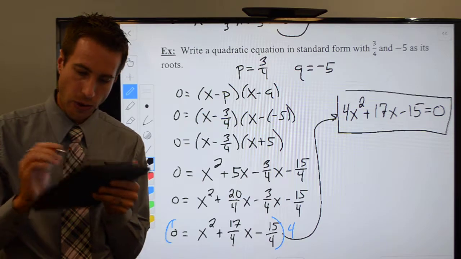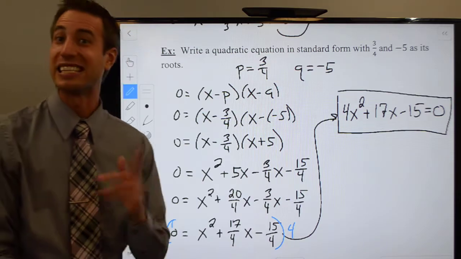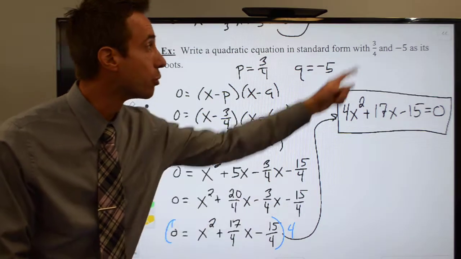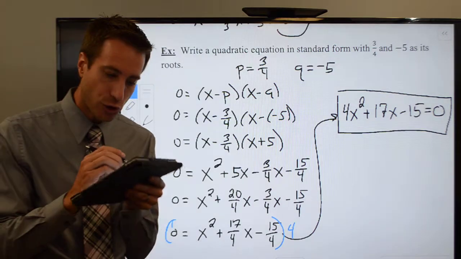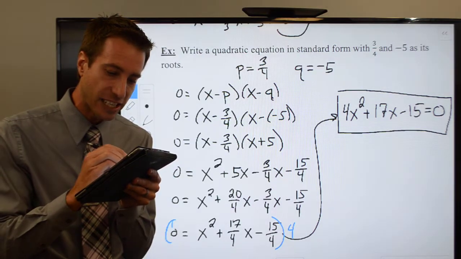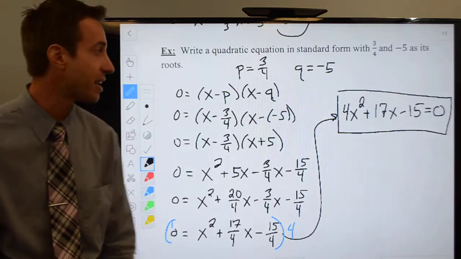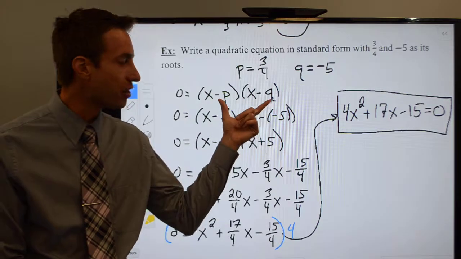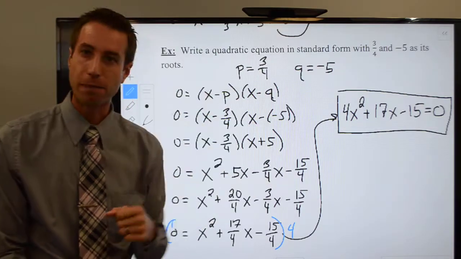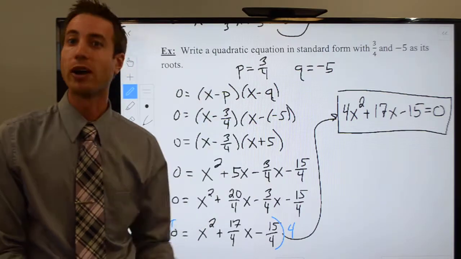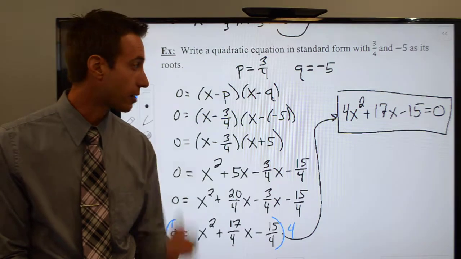And there we go. I've got my quadratic equation in standard form that gives me the roots 3/4 and -5. Again, these problems should be really straightforward. It's just the FOIL method, as long as you remember the little formula where you just plug the roots that you're given in for P and Q. From there, it's FOIL and simplify by combining like terms.